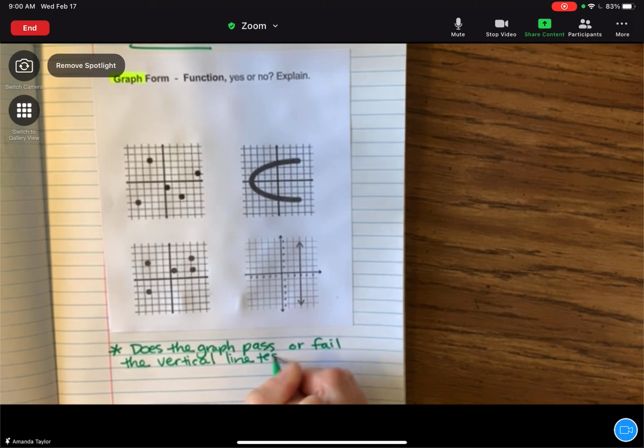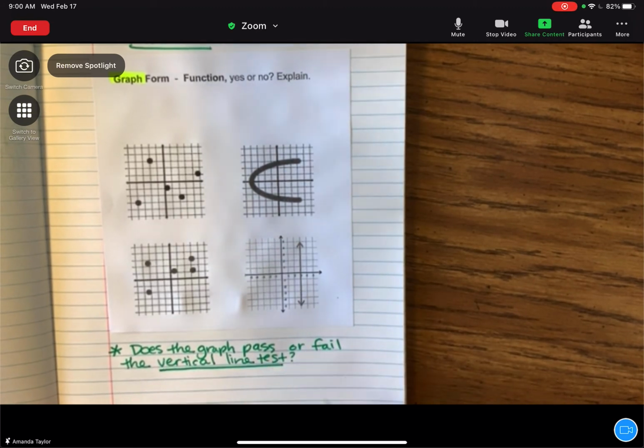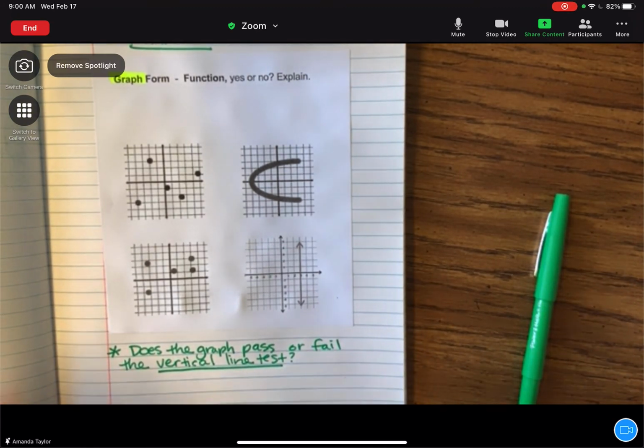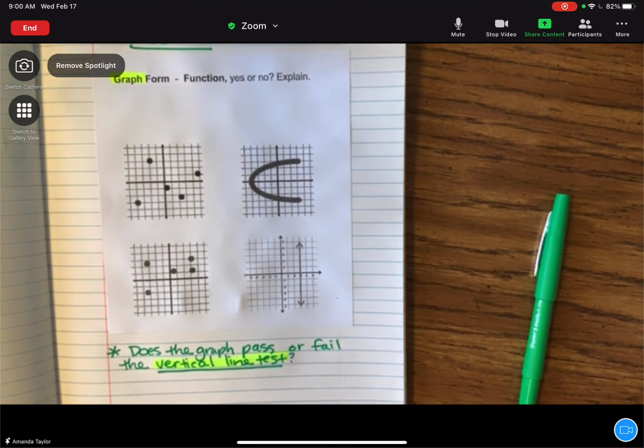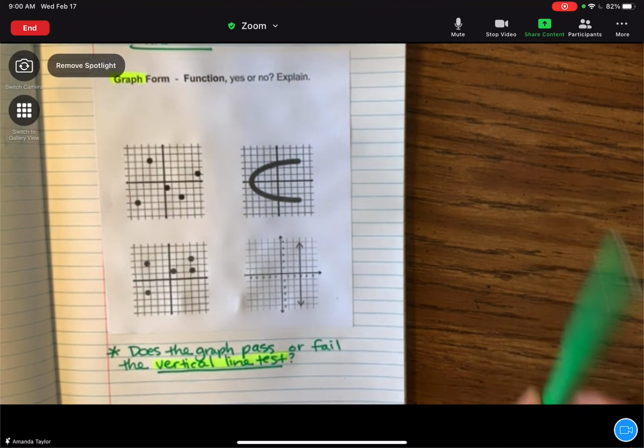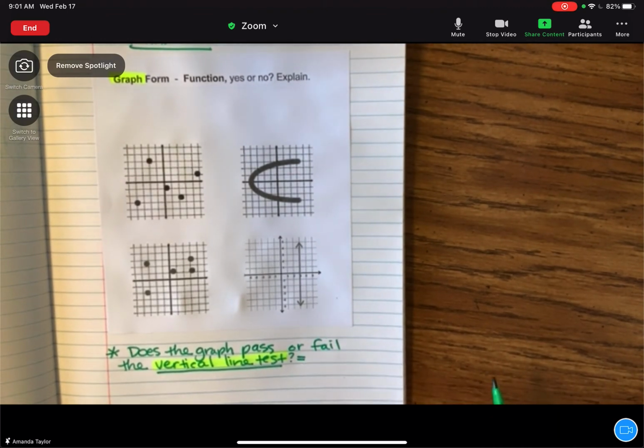That is a new vocabulary word: vertical line test. Write that down. If I write down, you write down. And I'm going to tell you a little definition of what a vertical line test is.